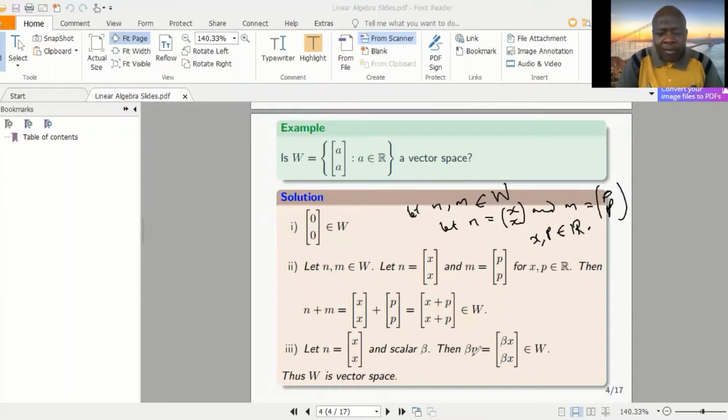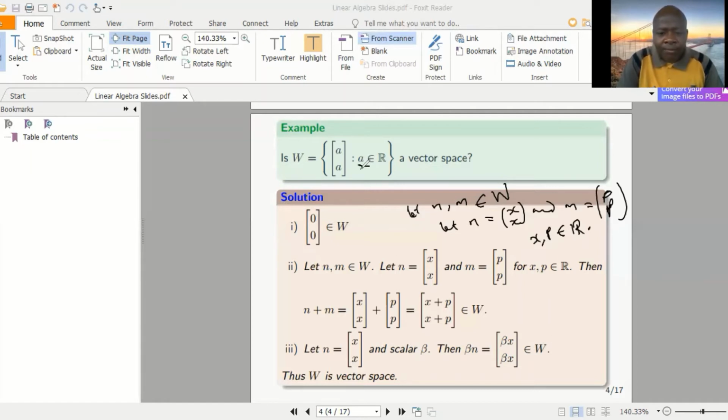Remember that x was a real number. So x times any scalar will be a real number, and x times any scalar again will be a real number. So that means this new vector is a vector of real numbers, and therefore it will be in W.